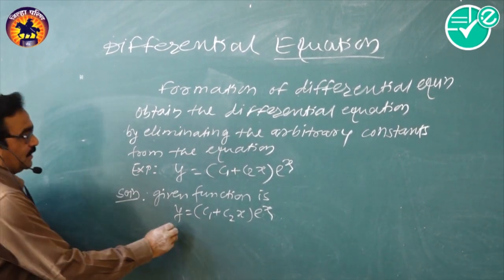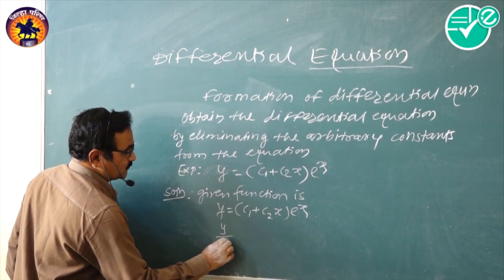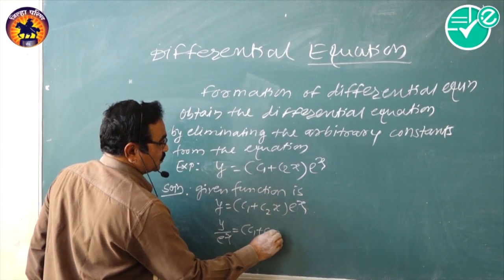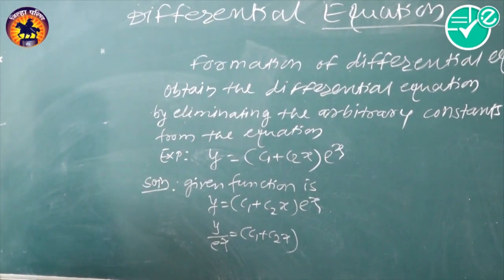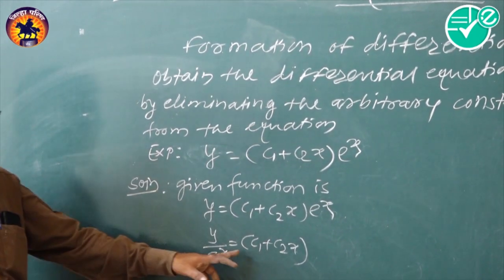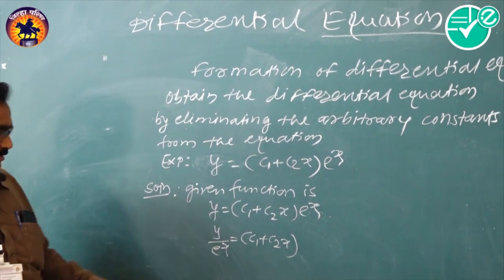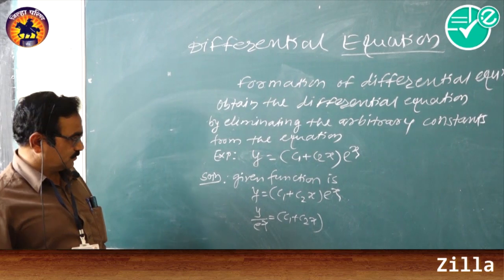We rearrange the terms, we get y upon e raised to x equal to c1 plus c2 x. In this function, there are two arbitrary constants c1 and c2. Therefore, the order of this differential equation will be 2.